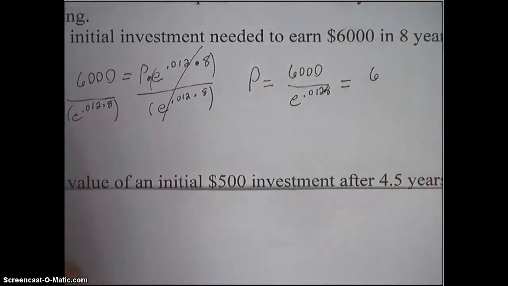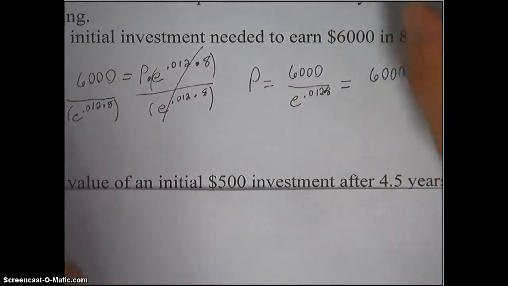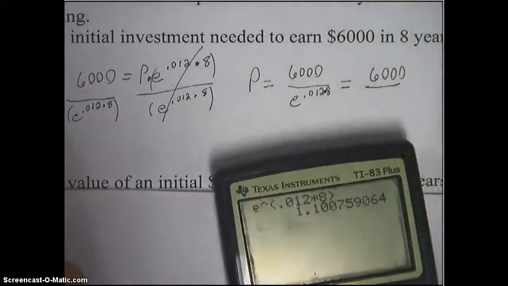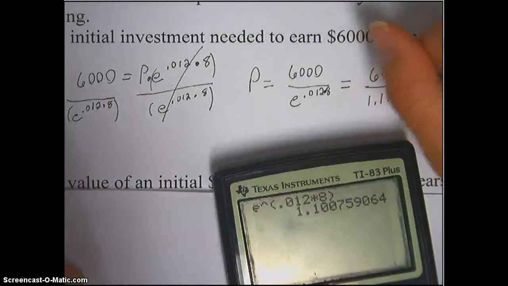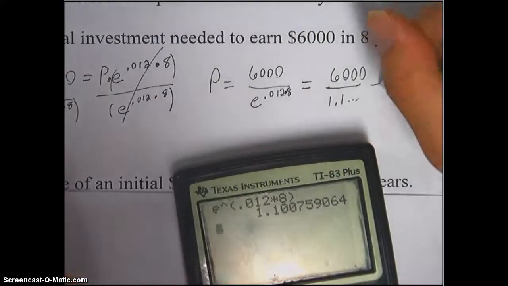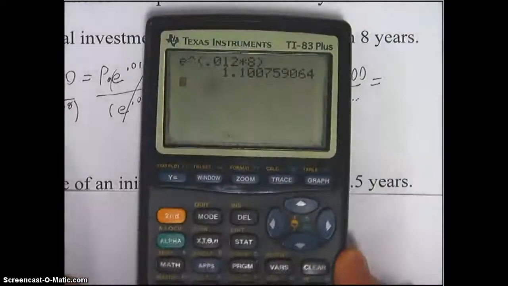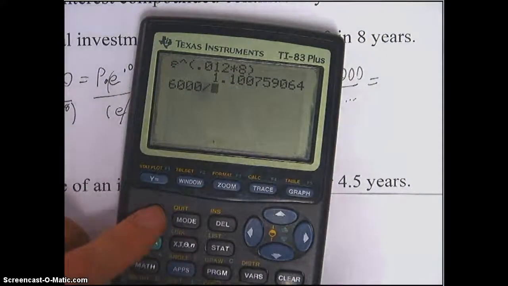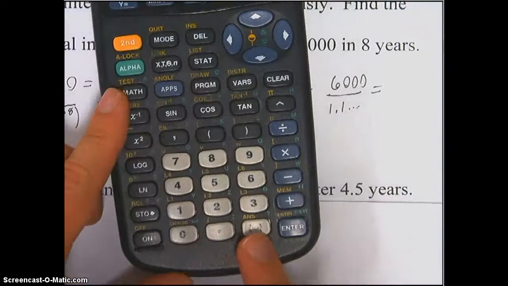So I'm going to have $6,000 divided by this 1.1 and so on. What I can do in the calculator is a little trick here. If you do 6,000 divided by second negative sign, that's your answer key.